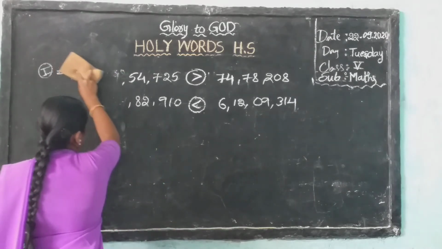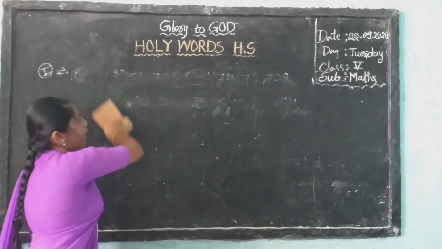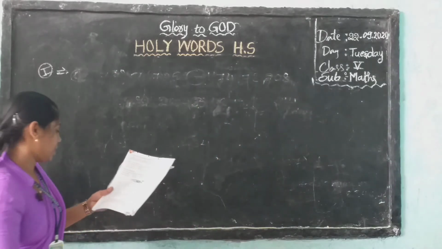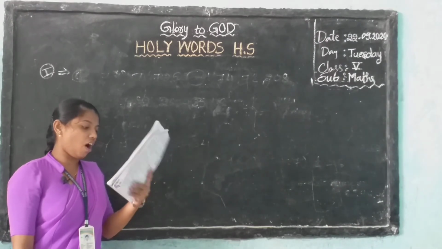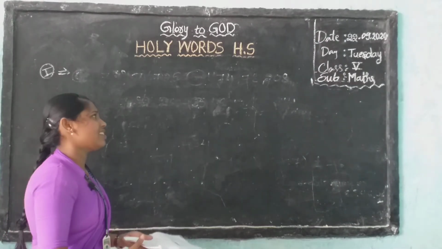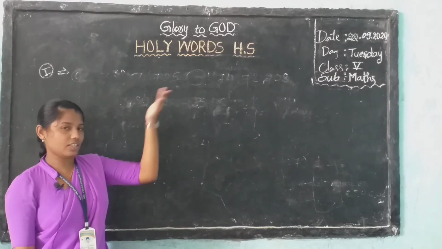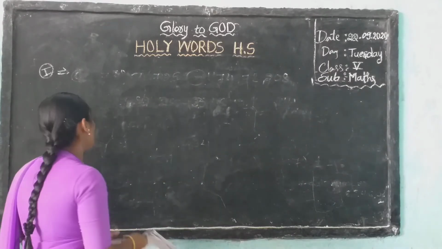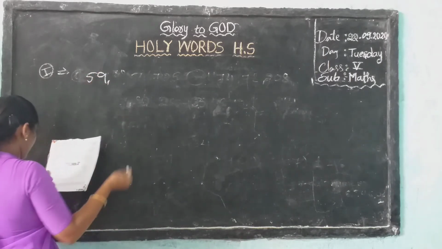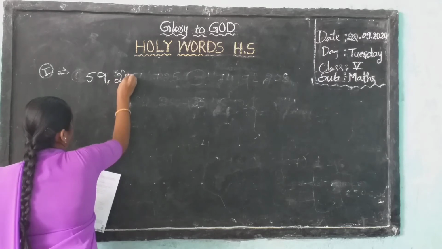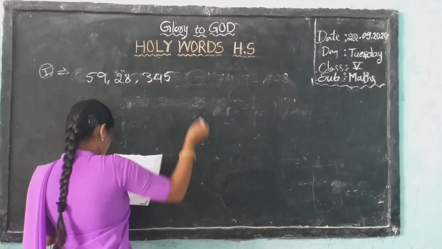And next bit, the last bit in this question. Arrange the following groups of numbers in ascending order. Ascending order means arrange them from smallest to biggest. So let's see. 59 lakhs 28,345.